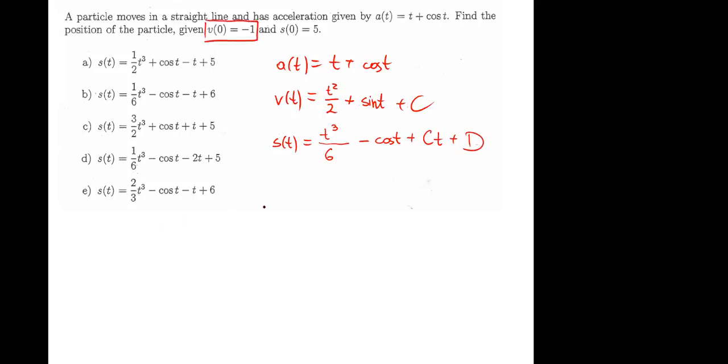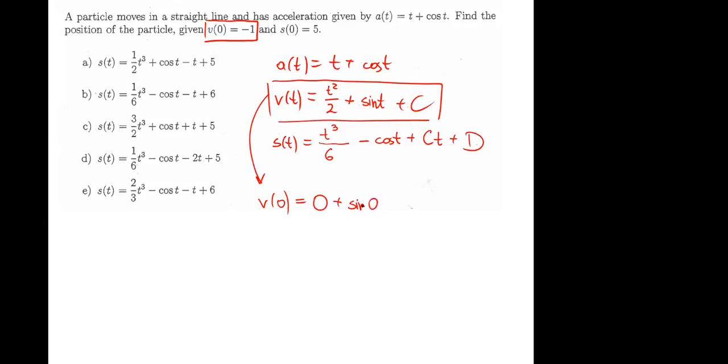But we actually have the velocity. That means I can substitute 0 into my velocity and find my constant. This will be 0, and then sine at 0 plus the constant is equal to -1. Sine at 0, of course, is 0, then the constant c is -1.